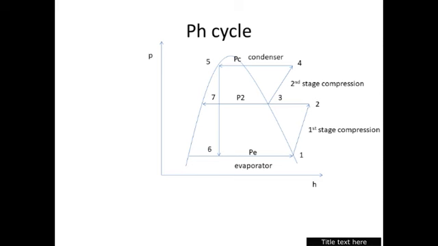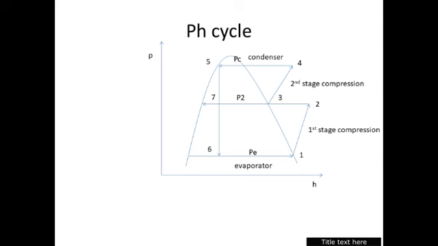So from 1 to 2, we have compression. The enthalpy at point 2 will be taken directly from the superheated steam table. Point 3 will be obtained from the saturated water and steam table, directly at hg, if point 3 is located on the dry saturated vapor line.